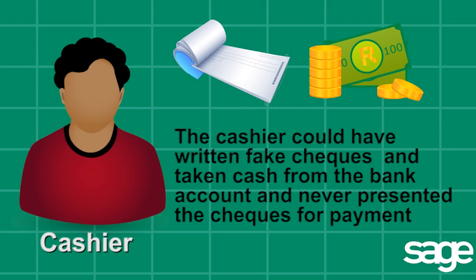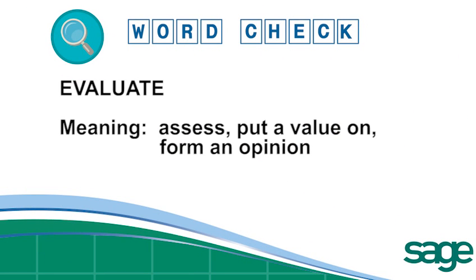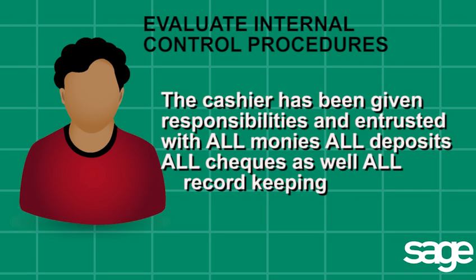Let's look at the next question. The next question asks us to evaluate the internal control procedures critically and make recommendations. Firstly, whenever you look at the control process and where in the control process it's going wrong, the first thing that should be a red light is that the cashier is responsible for all monies, all deposits, and all checks.